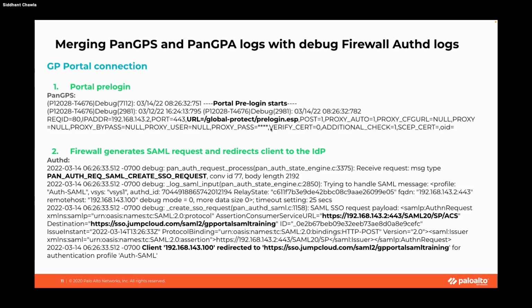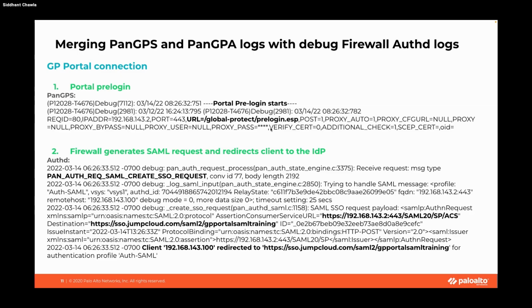So this URL globalprotect pre-login ESP means it's portal authentication. When the user is trying to authenticate to the portal on the firewall, in the auth logs we will see PAN auth request SAML create SSO request.